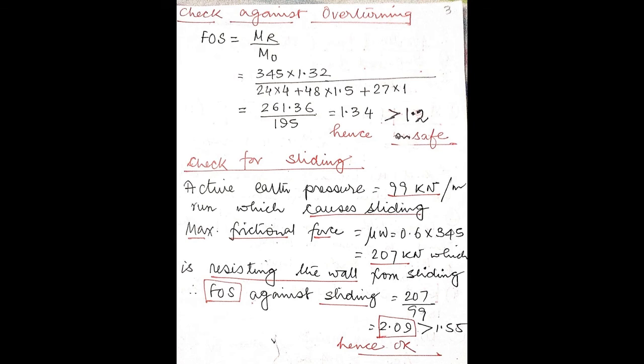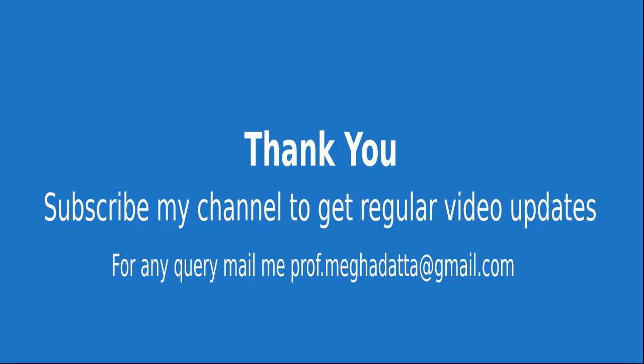So 207 kilonewton. So this is resisting the wall from sliding. So what is the factor of safety against sliding? It comes out to be frictional force divided by the active earth pressure. So this gives us 2.09, and it is greater than 1.55. So the retaining wall is safe against sliding also.